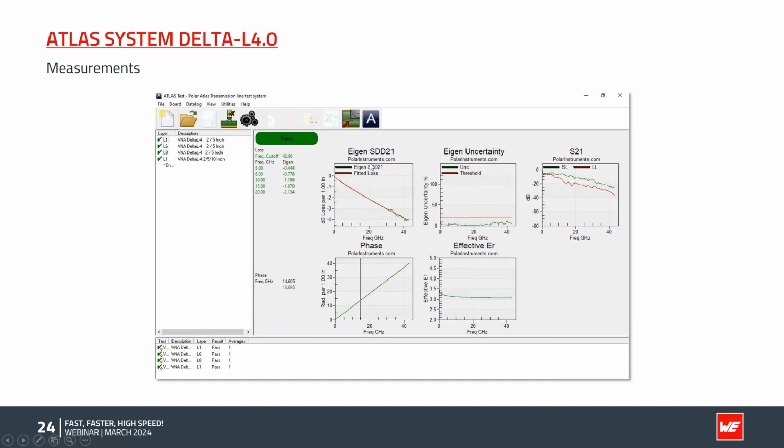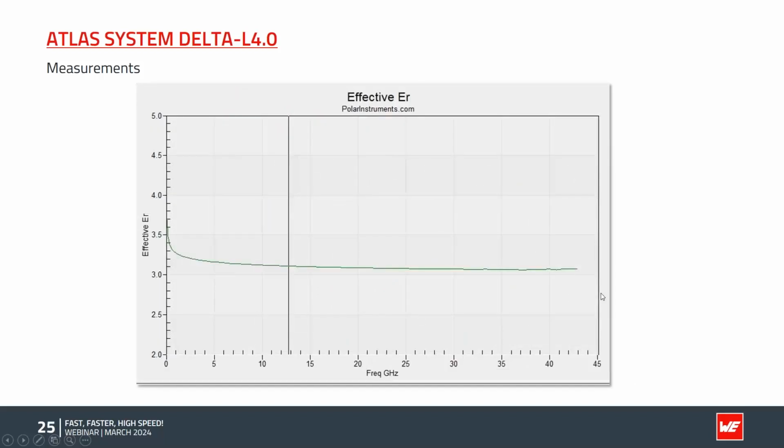So you can have here the S parameters over a low frequency up to 40 gigahertz, the transmission loss through this track, a lot of other parameters, and often for us very important is the effective epsilon R. So here a close-up. You can see here again the effective epsilon R around 3 point something.